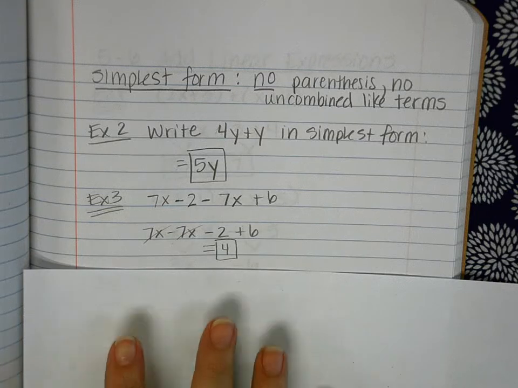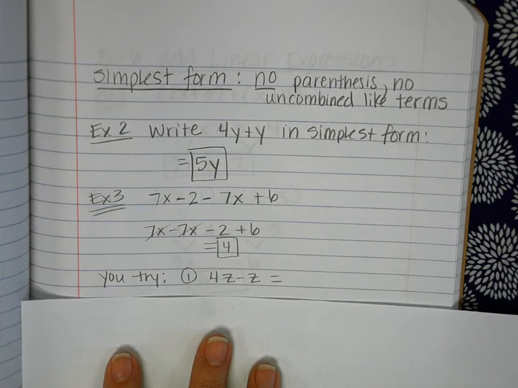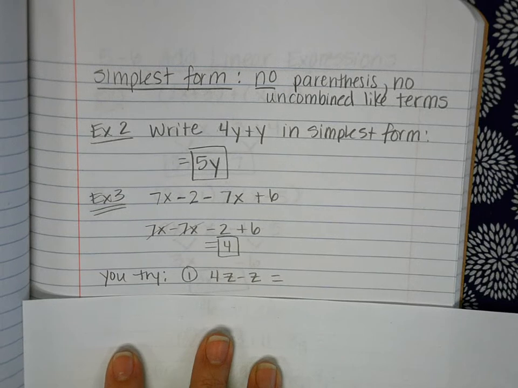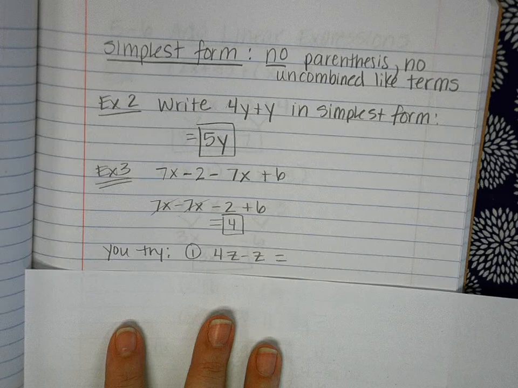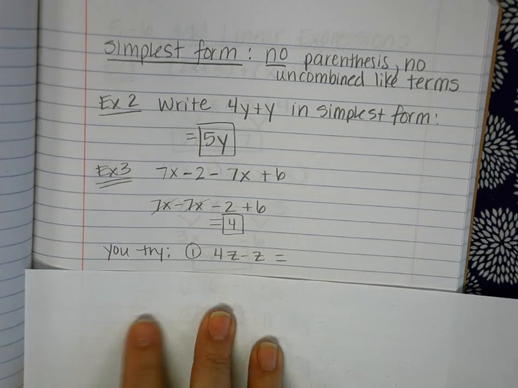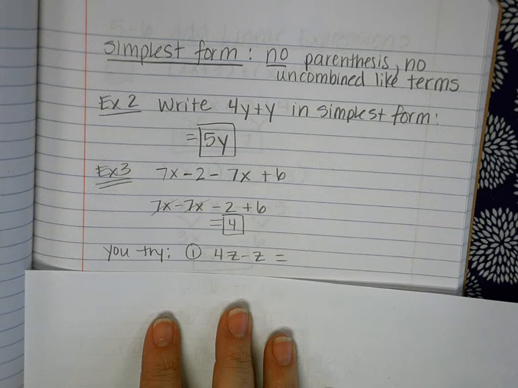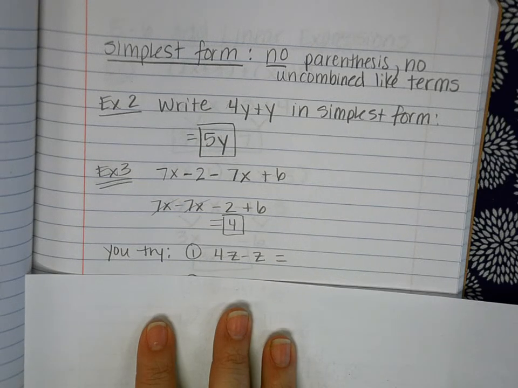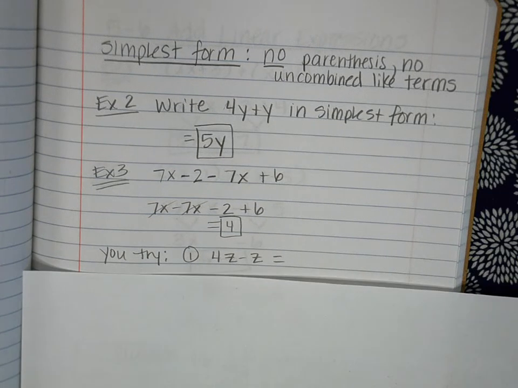Okay? Let's try this one. You try this one. We're going to get this so fast. You're going to feel really smart right now. 4z minus z. Write it down. Don't say it. It should be really fast.